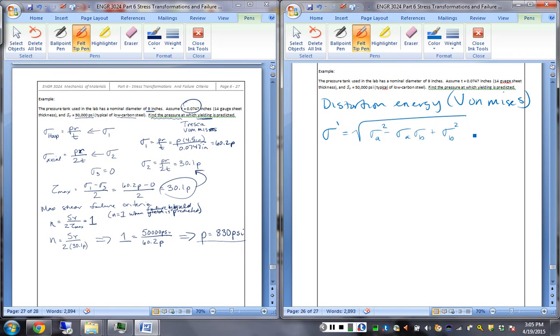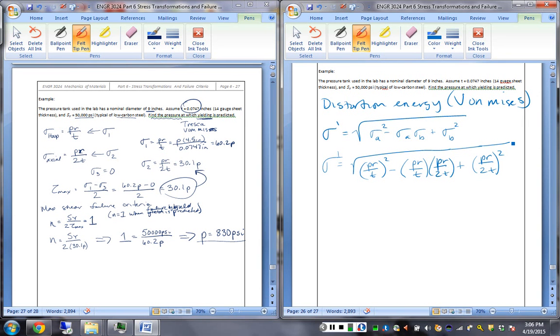Well, in this case, those quantities are the pressure times the radius over the thickness for the first principal stress, minus PR over T times PR over 2T for the cross product term, and then PR over 2T quantity squared.